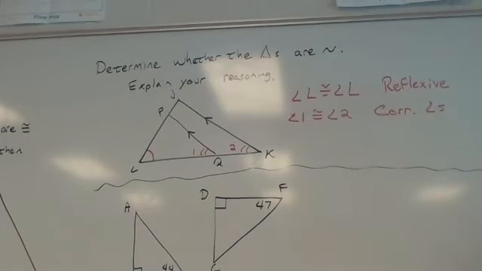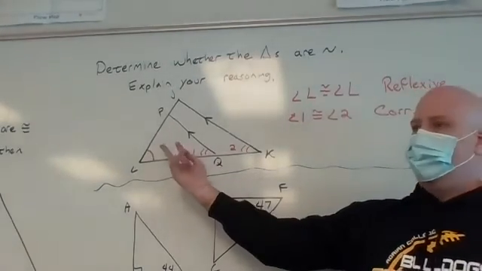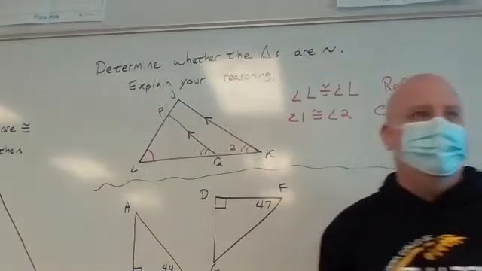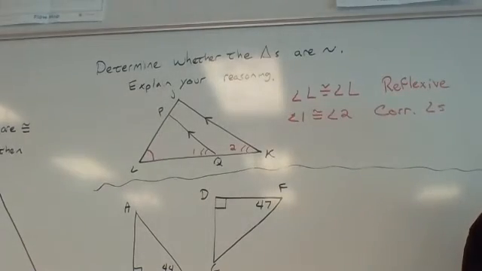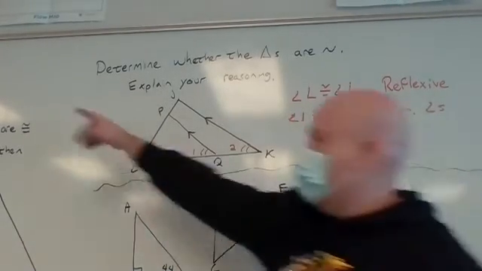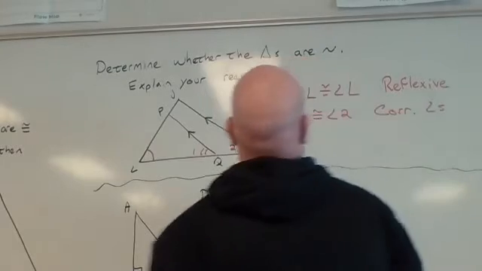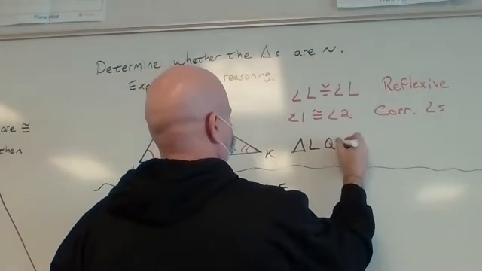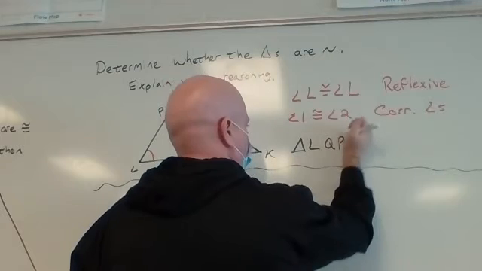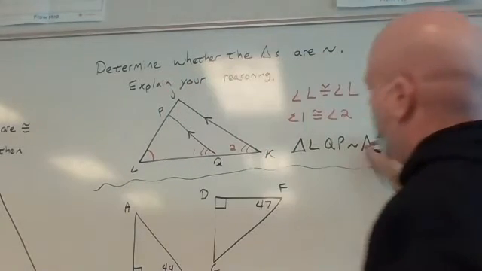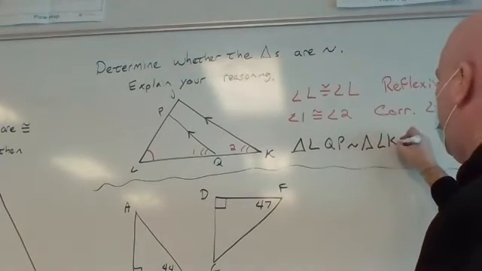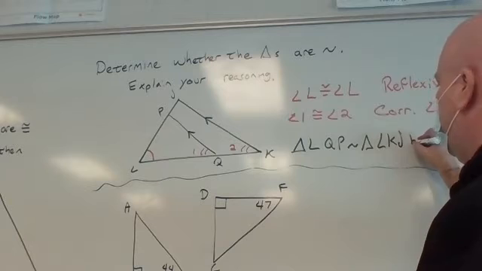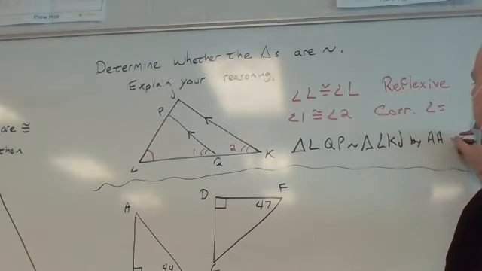So have I shown two angles in this triangle are congruent to two angles in the bigger triangle? Yes. Angle similarity. So you're going to say triangle LQP is similar, not congruent, similar to triangle LKJ by angle similarity.